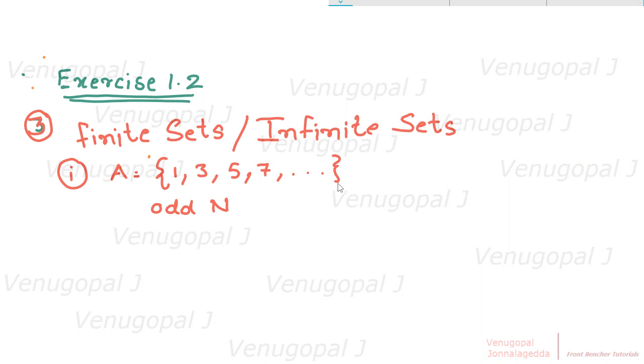It is not saying that this set of odd numbers will end at an odd number which is, say, 99. So it is not saying it stops anywhere. So what this triple dot represents is an infinite set. Okay, so we name this as the infinite set.